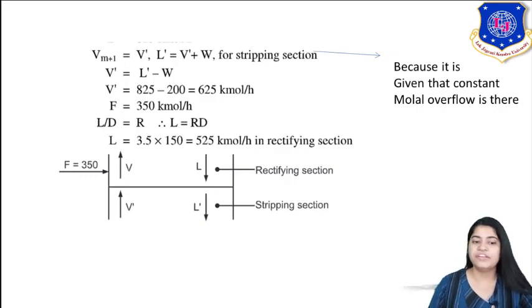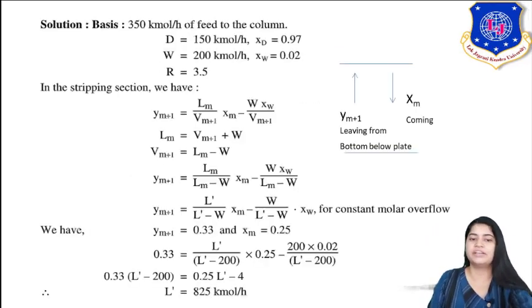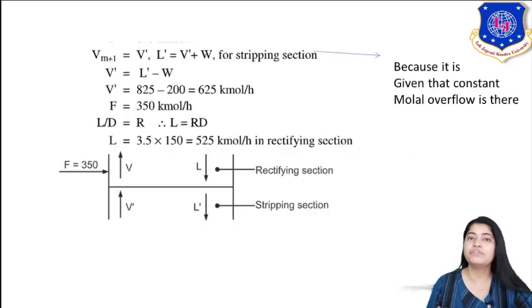But your feed flow rate is 350 kilomole per hour. Your reflux ratio is given now. Reflux ratio is L by D, therefore L equals RD. So L is 3.5 into 150, since the distillate value is already given to you. Hence your liquid flow rate in the rectifying section is 525 kilomole per hour.